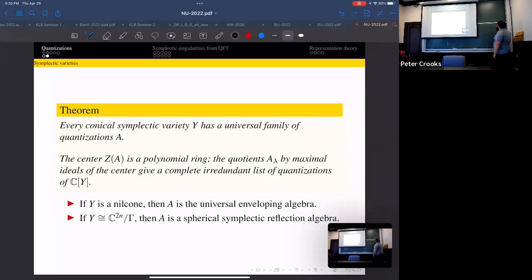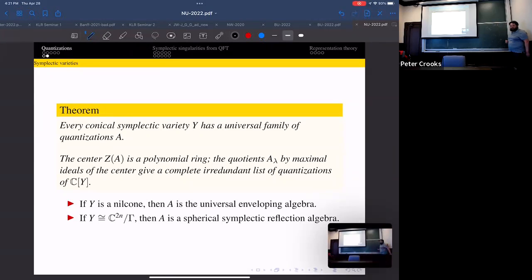Sorry, there's a little bit more going on. But the sort of thing you should think about is if I take C2 and I mod out by the cyclic group of order n acting symplectically, the equations for that are uv equals w to the n, where u is x to the n, v is y to the n, and w is xy.